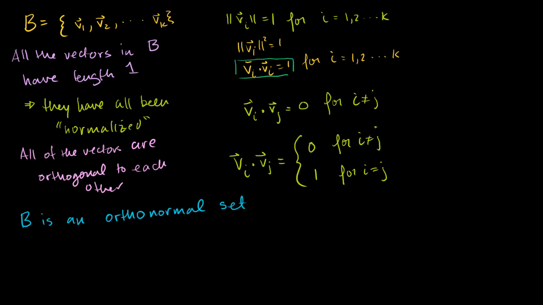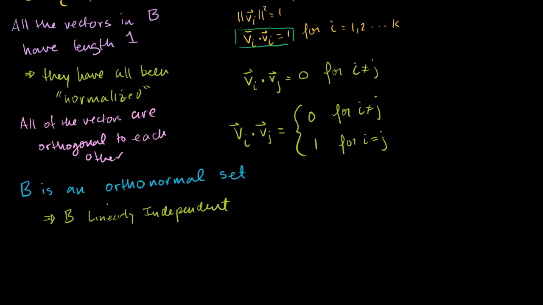Now, the first interesting thing about an orthonormal set is that it's also going to be a linearly independent set. So if B is orthonormal, B is also going to be linearly independent. And how can I show that to you? Well, let's assume that it isn't linearly independent.